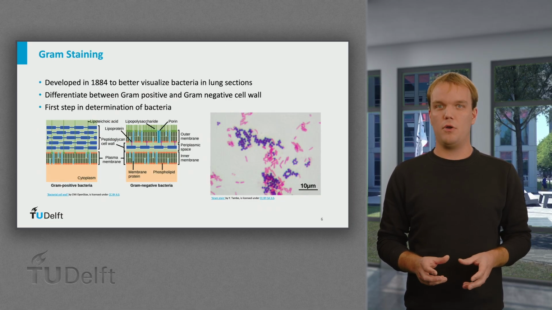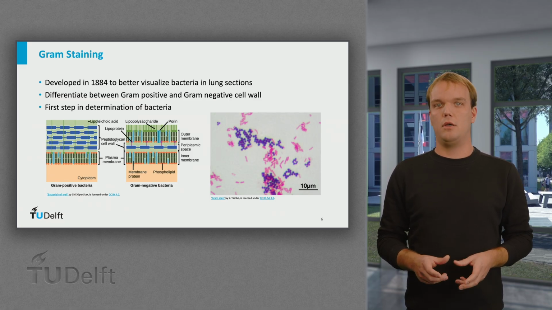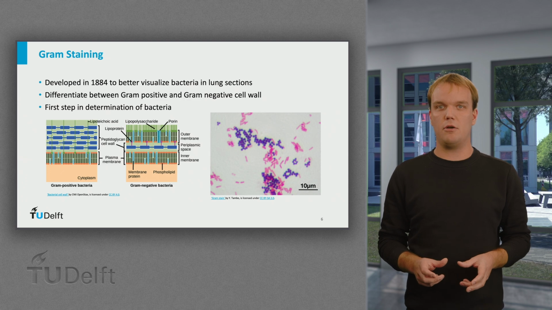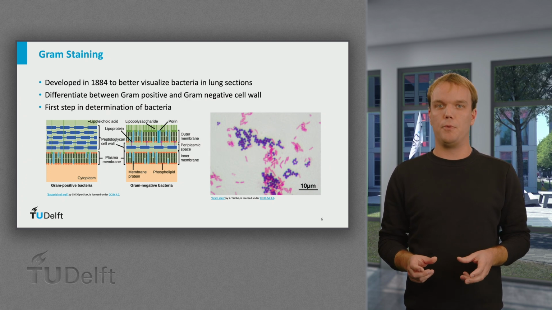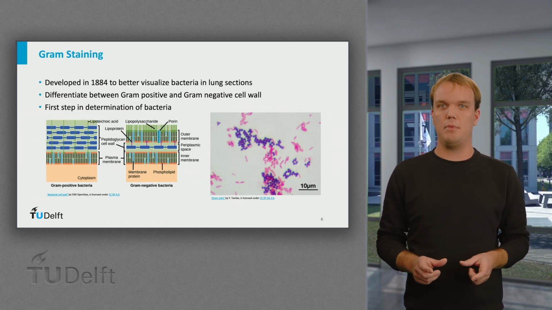One of the most important classical staining techniques is the Gram stain, developed in 1884 by Hans Christian Gram. The goal is to differentiate bacteria based on their cell wall structure. Gram-positive bacteria have a thick layer of peptidoglycan and retain the crystal violet stain, appearing purple. Gram-negative bacteria have a thinner peptidoglycan layer and an outer membrane.